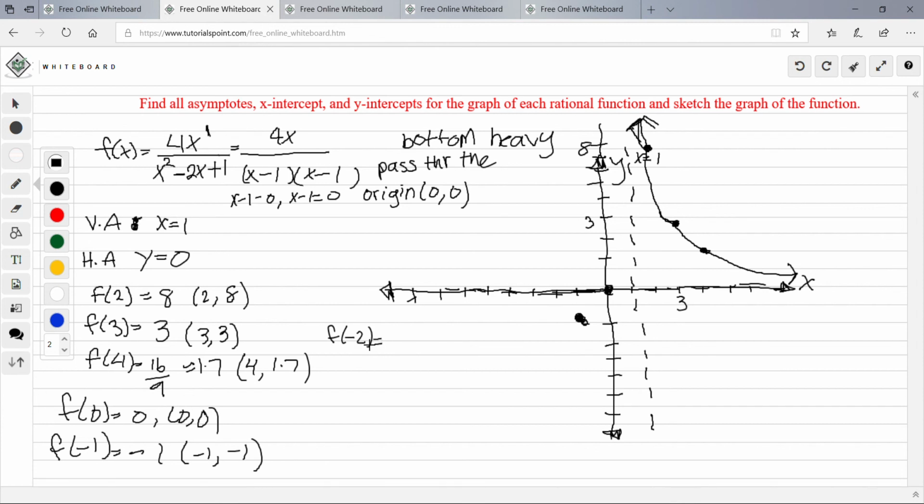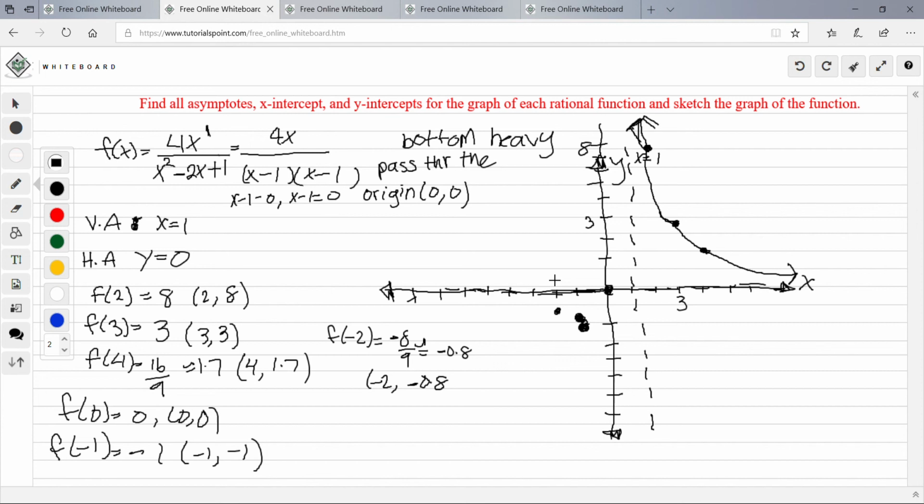If you plug in -2, you should get -8/9, which is about -0.8. So our point is -2, -0.8. Here's -2, and 0.8 is about right here. And that point should be right here.